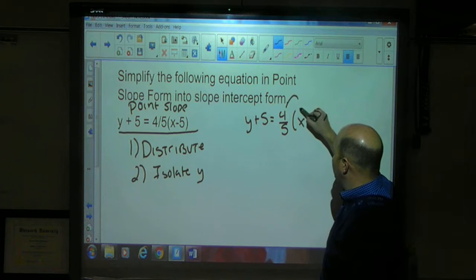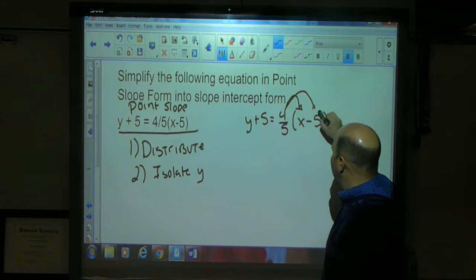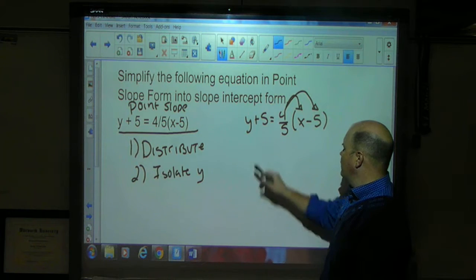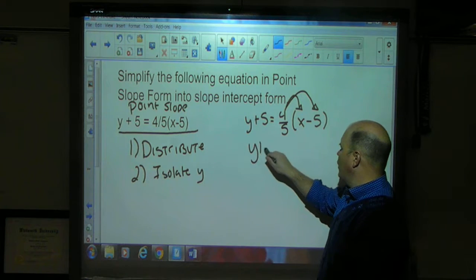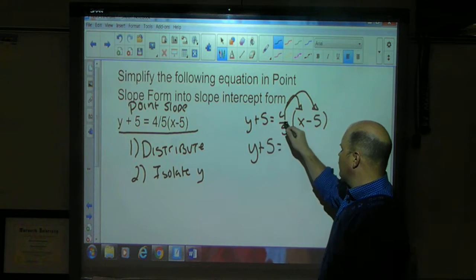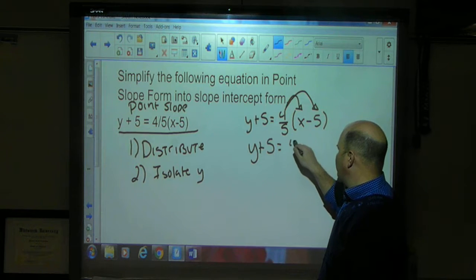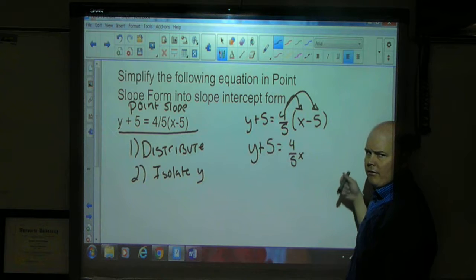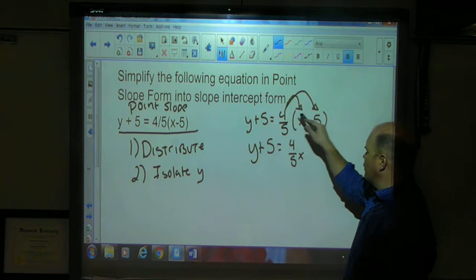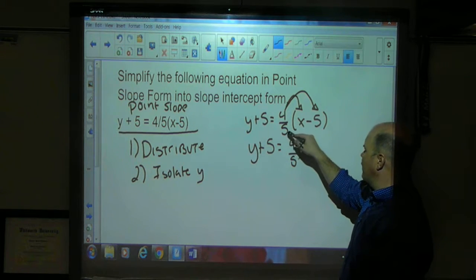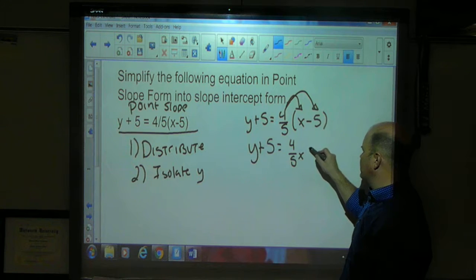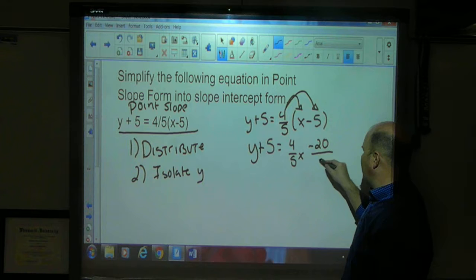And when I say distribute, I'm talking about moving my 4/5 into my parentheses. And when I do that, I'm left with y plus 5 is equal to 4/5 times x, which is 4 over 5x. And then 4/5 times negative 5, that's the same as saying 4 times negative 5 divided by 5. So 4 times negative 5 is negative 20, and that's over 5.